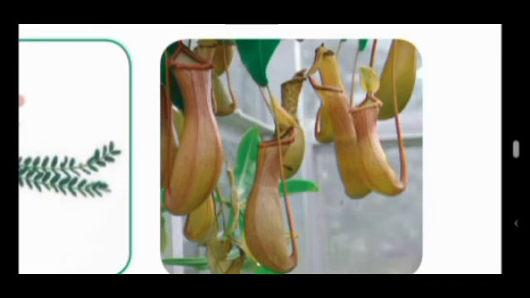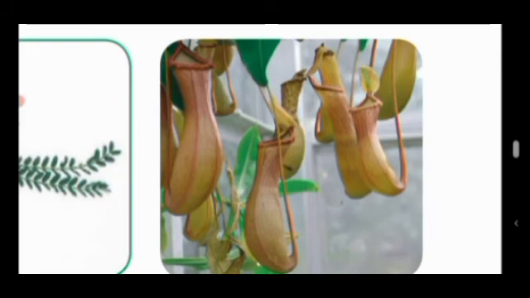The apical part of the leaf is modified into the pitcher. The mouth of the pitcher is closed by a lid. The lid is the modification of the leaf apex. This pitcher plant is an insectivorous plant; it captures and digests the insect and gets protein from it. This plant lives in nitrogen-deficient areas.